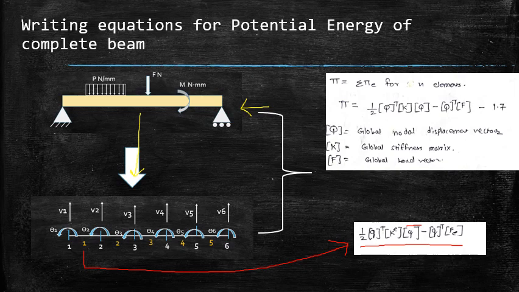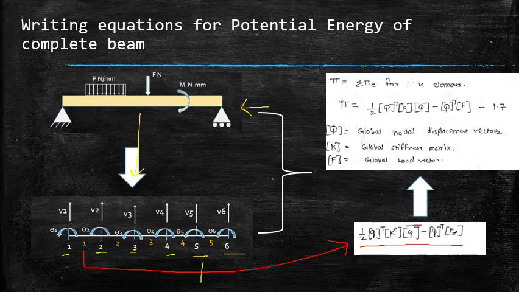Here the numbering, let me make it very clear. Here the numbering 1, 2, 3, 4, 5, 6 are global numbering. Consider element number 5. What are the two nodes of element number 5?